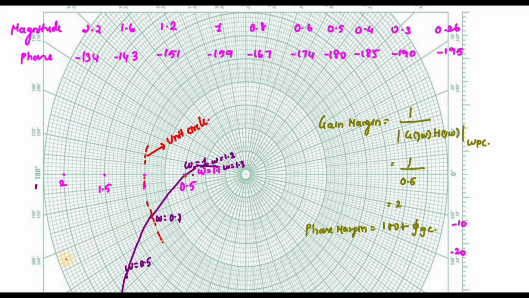So this is nothing but your minus 159 degree. So you substitute here 180 degree minus 159 degree is 21 degree. So this is how you have to calculate the gain and the phase margin.